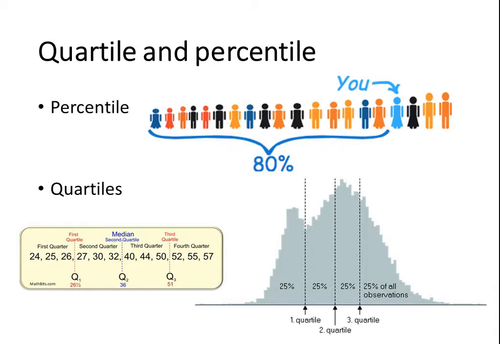The first or lower quartile is the 25th percentile. Then what is already known to us as the median would be the 50th percentile, and the third or upper quartile is the 75th percentile. Imagine that we have some data and we build a histogram for it.